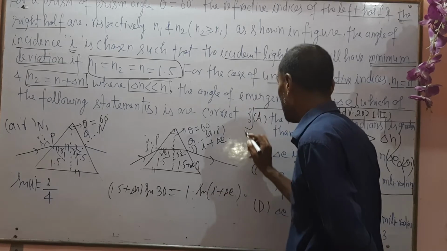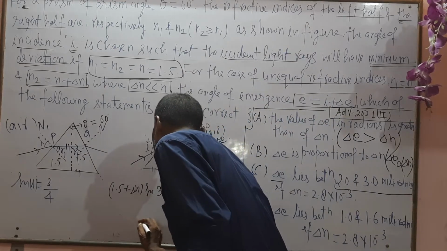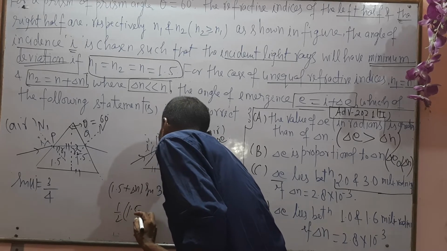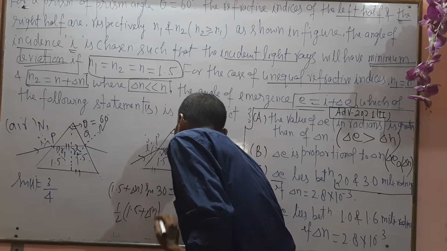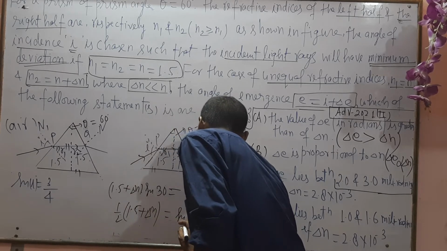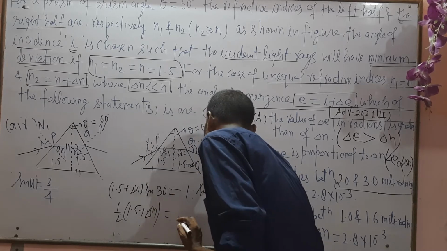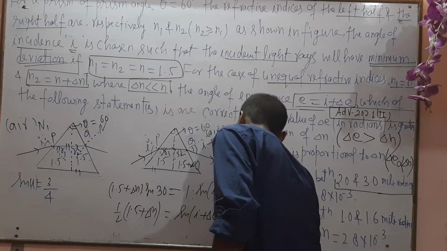Sine 30 degrees is 1 by 2. So (1.5 plus delta n) times 1/2 equals sine of (I plus delta E).